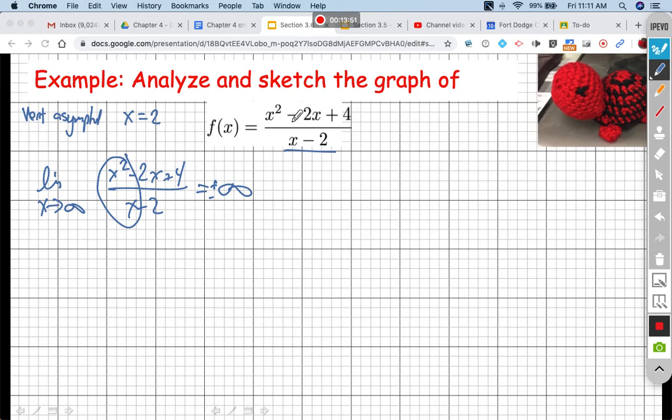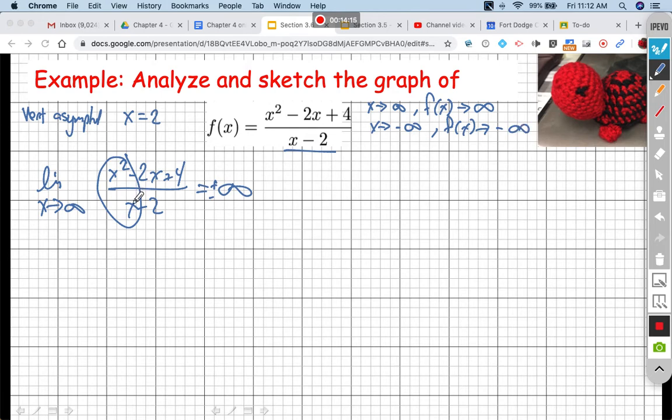The numerator is still going to be positive. So as x approaches infinity, f of x is going to approach infinity. As x approaches negative infinity, f of x is going to approach negative infinity.